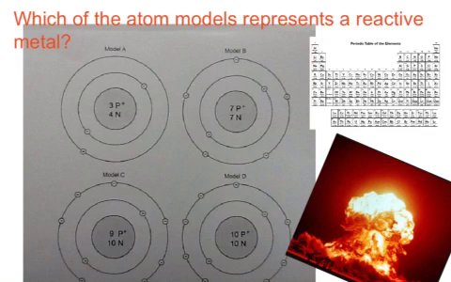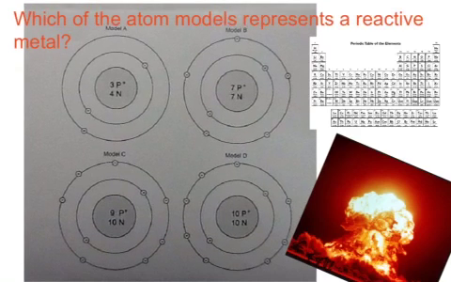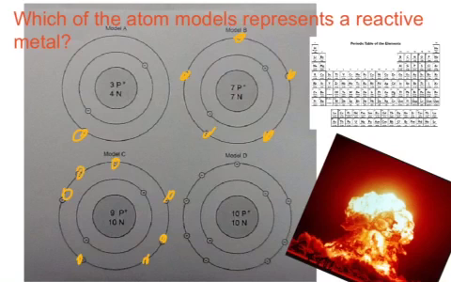So if we look at these models, model A, B, C, and D, and we count the valence electrons, we can see that model A has 1 valence electron. Model B has 1, 2, 3, 4, 5 valence electrons. Model C has 1, 2, 3, 4, 5, 6, 7 valence electrons.